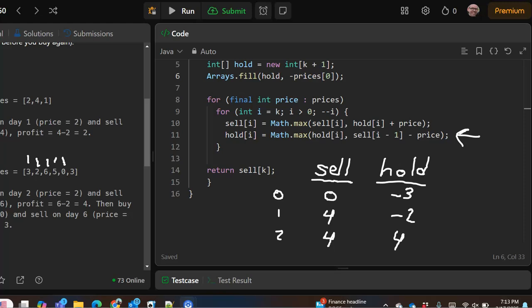Okay. We'll go up here and update the sell. It is the max of the current sell or hold plus price. Hold plus price is -2, so that doesn't help us. Update the hold. Hold is the max of -2 or this minus the price.